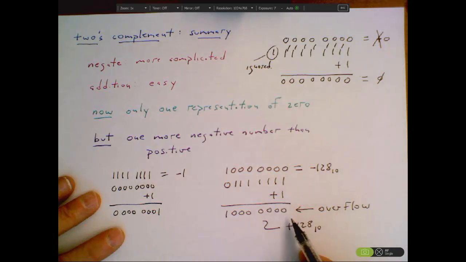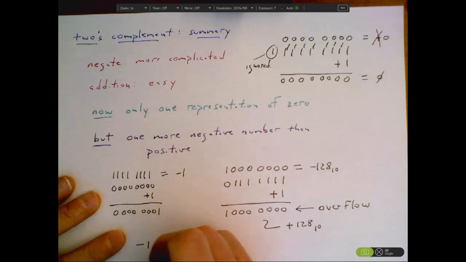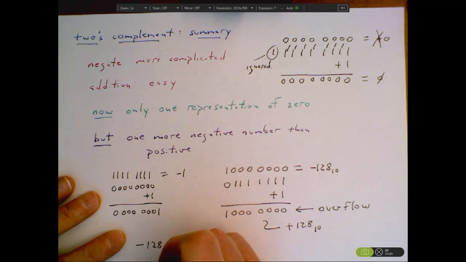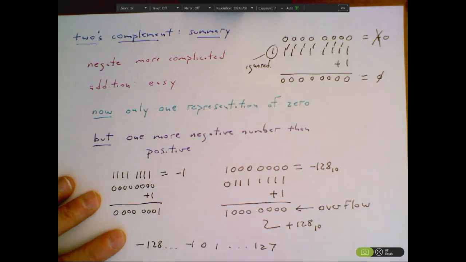If, however, I treat the result as unsigned, then I can see the value as unsigned is 128, which does make sense. But the bottom line is, in an 8-bit container, I can represent the numbers minus 128 and on the right end of the side I can only go to 127.